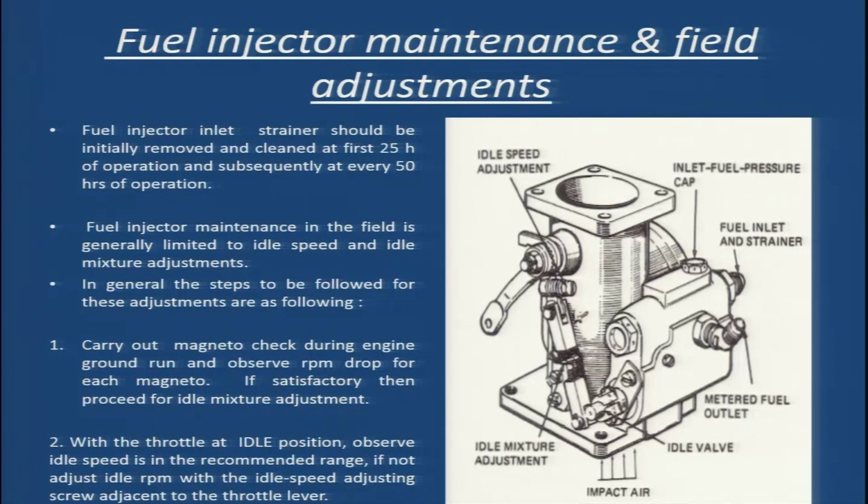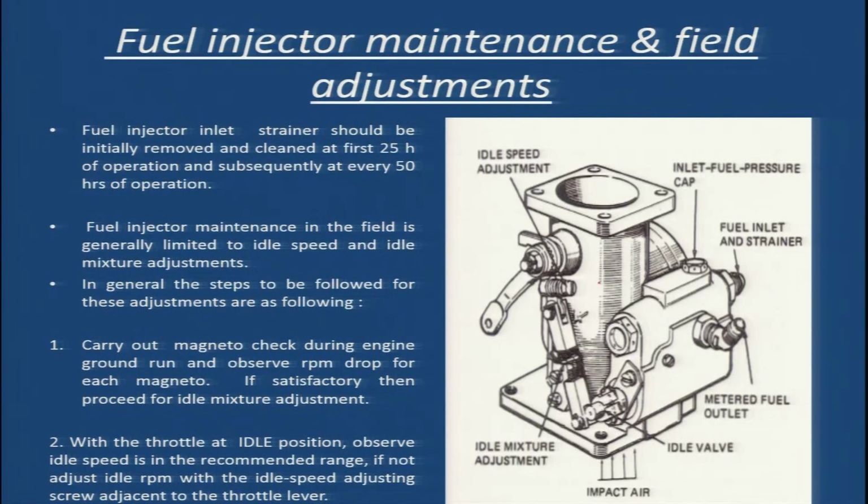Now, with the throttle placed at the idle position, observe that idle speed is in the recommended range. During the ground run, we have put the throttle in the idle position, and let us see the idle speed. If it is in the recommended range, fine. If it is not, then we will adjust the idle RPM with the idle speed adjusting screw.